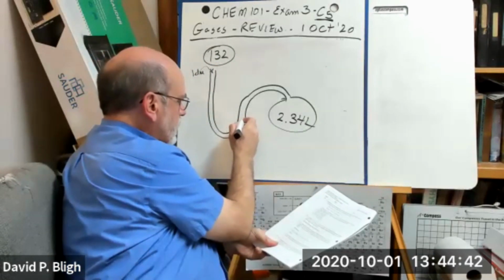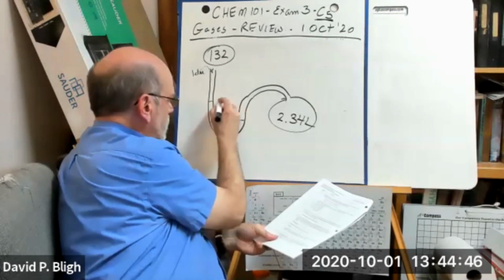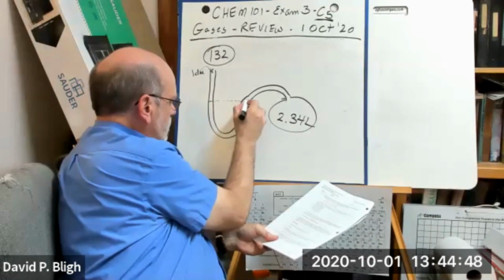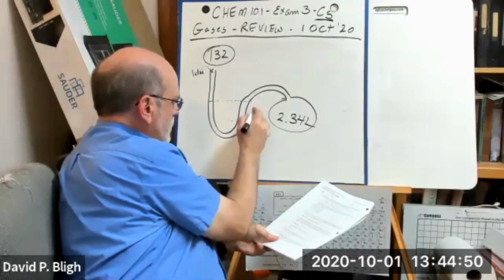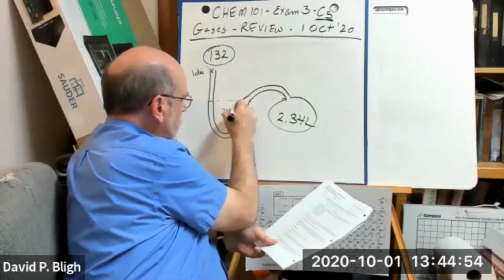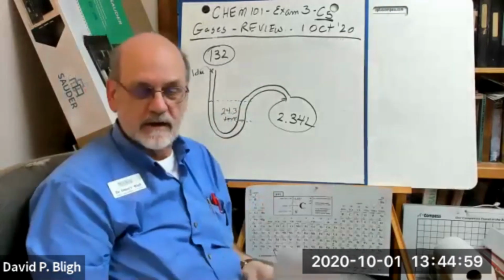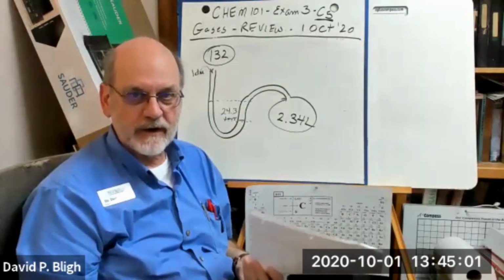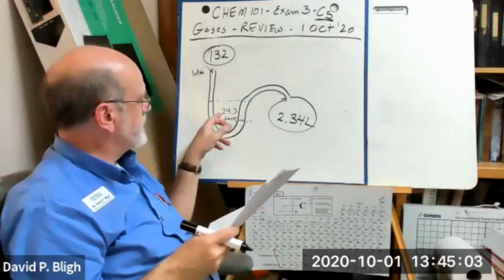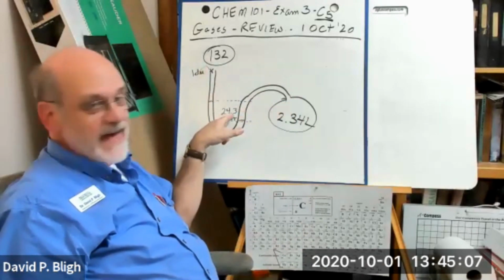So down here versus here is 24.3 torr. So what's a torr? A torr is the same as a millimeter of mercury. Right? So the difference is the pressure inside here is greater than atmospheric by that much.